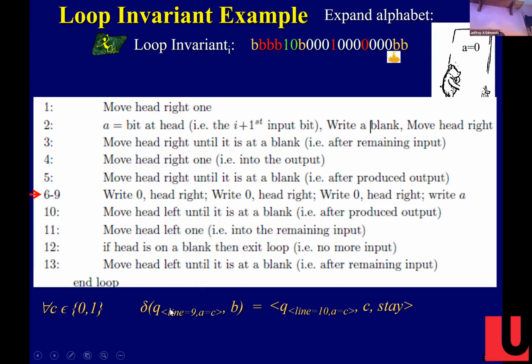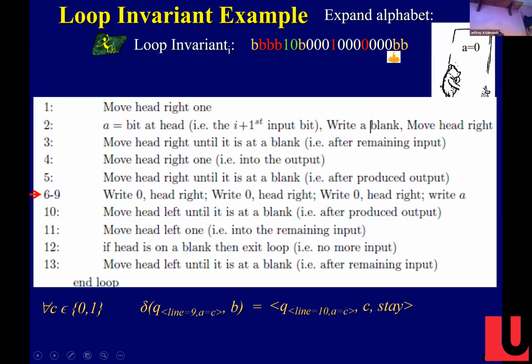So now we can write the Turing machine code. The Turing machine says, I'm in one of two states: either the state line 9 where A is 0, or the state line 9 where A is 1. In either case, what character should I be reading? I better be reading a blank, or otherwise we have a bug. So I'm reading a blank, and I know I should write the A on the head. What value should I write?